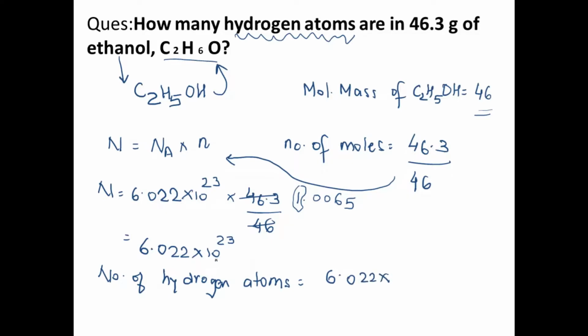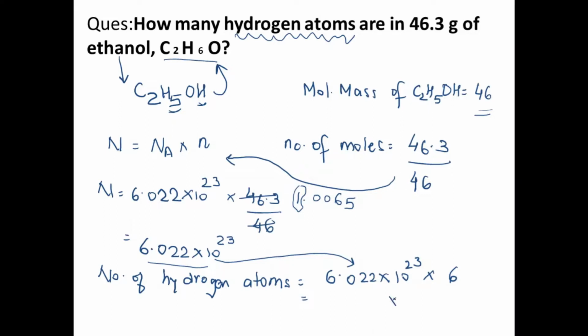This is the same answer, and we have to multiply with the hydrogen atoms. In ethyl alcohol, see it is 5 plus 1, 6 atoms of hydrogen. So we multiply 6 with this answer.